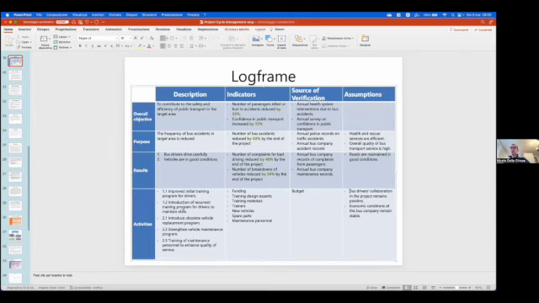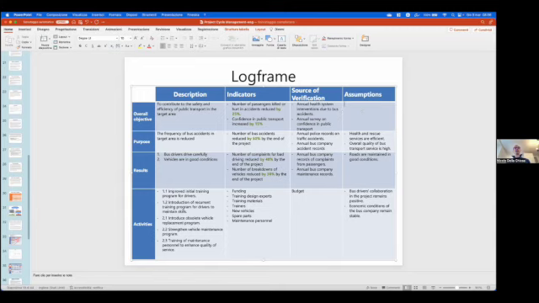So the assumption is that bus drivers' collaboration in the project remains positive, or economic conditions of the bus company remain stable. So they are positive assumptions that allow us to obtain the results or the purpose of the project, depending on the level of where the assumptions are made.